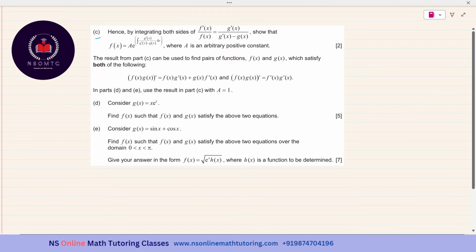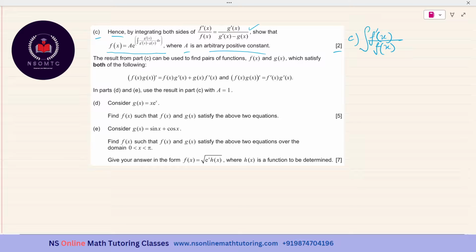Now coming to part C, hence by integrating both sides of this equation show that f of x equals this expression where a is an arbitrary positive constant. It is also containing 2 marks. So f dash x over f of x, and we have to integrate with respect to x.